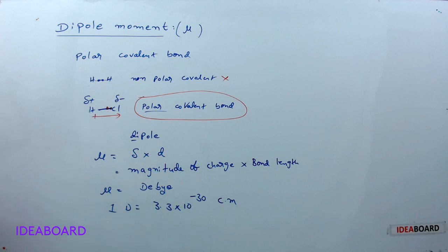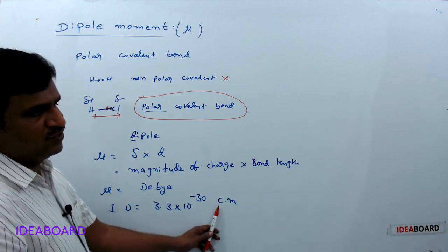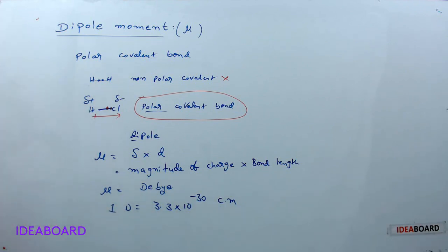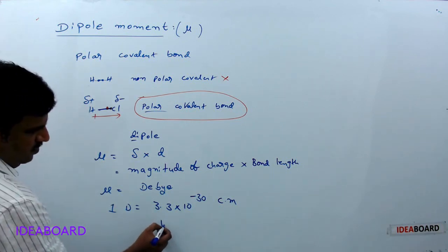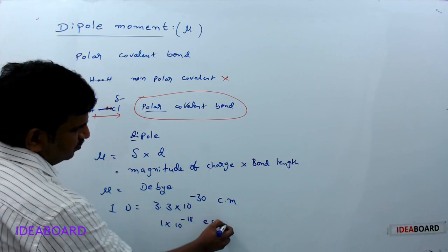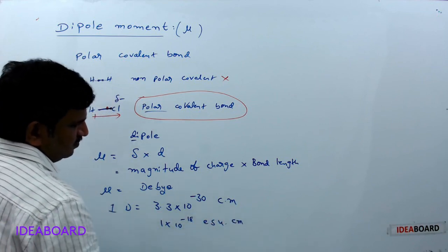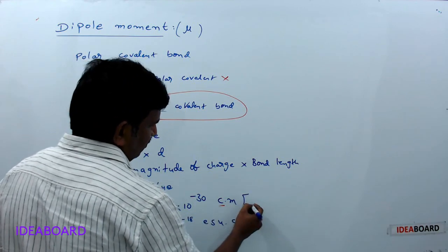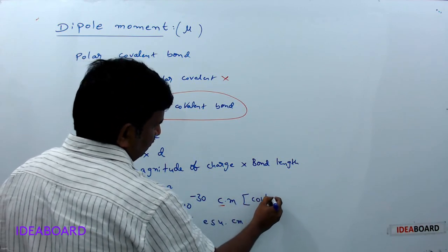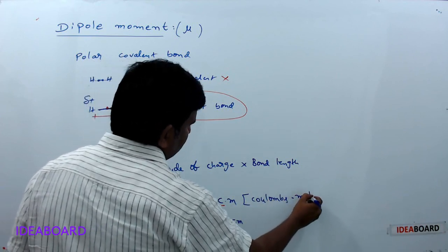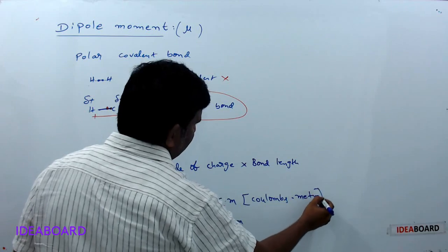That is coulombs into meter, where C means coulombs and M means meters. Or 1 debye is equal to 1 into 10 power minus 18 ESU into centimeters. So please remember coulomb into meters.